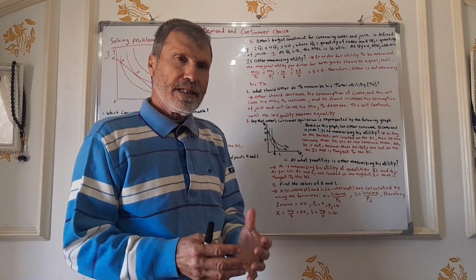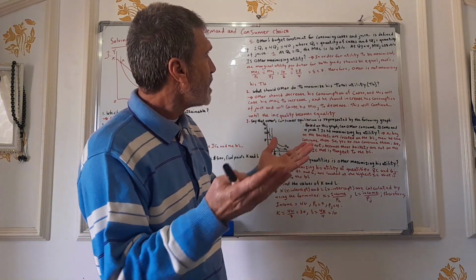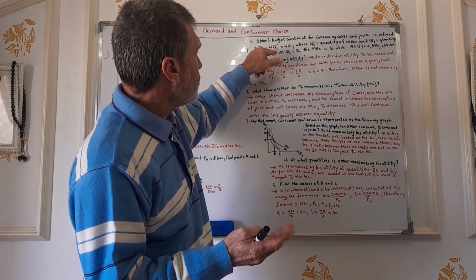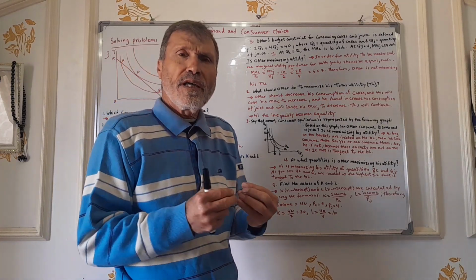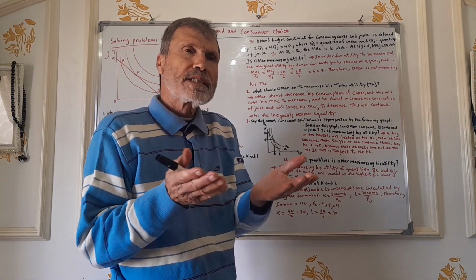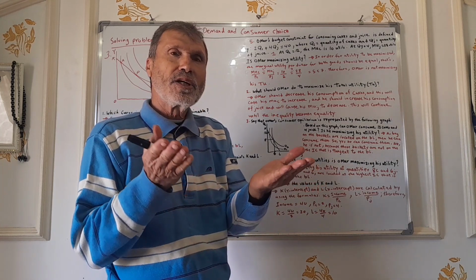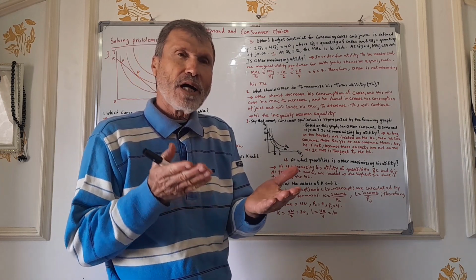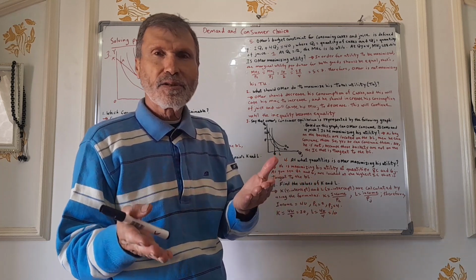The prices are fixed here: the price of cakes is 2 and the price of juice is 4. So the only way for Omar to maximize his total utility, in other words, to reach consumer equilibrium, is by adjusting his consumption of cakes and juice.